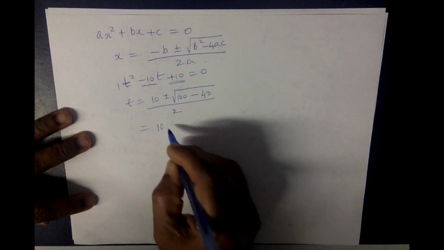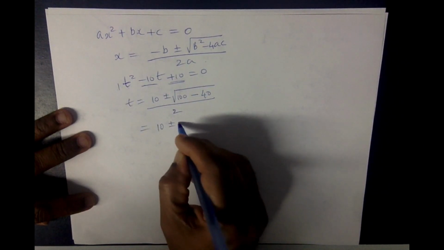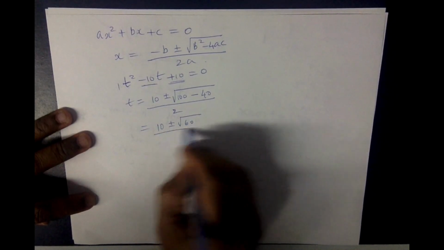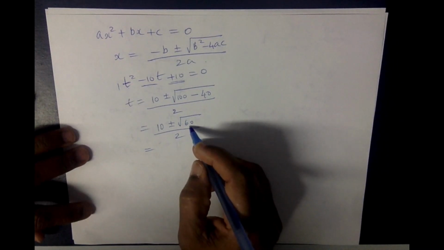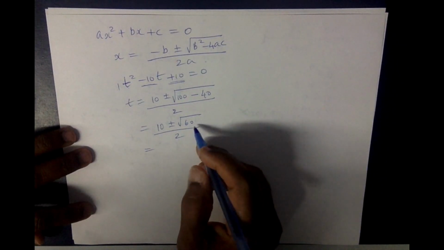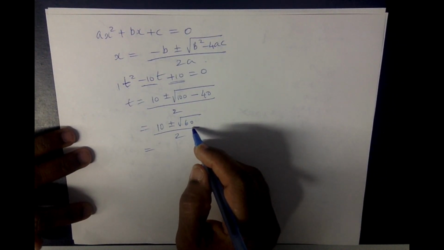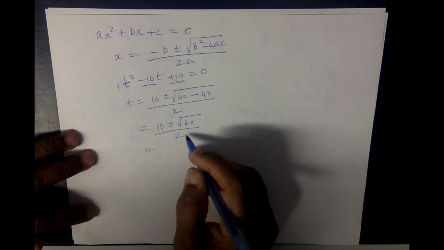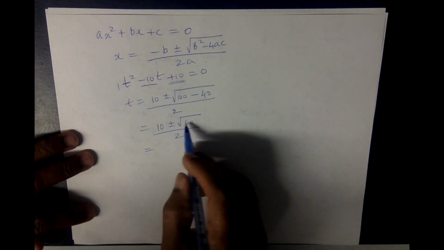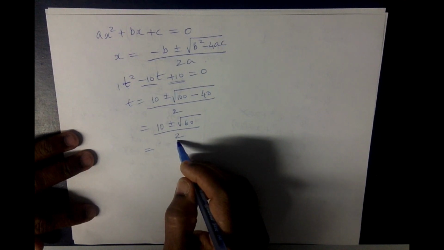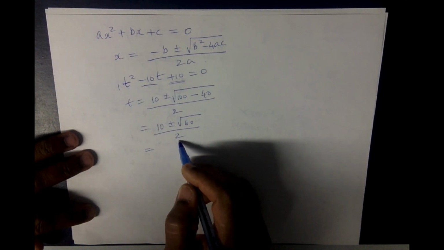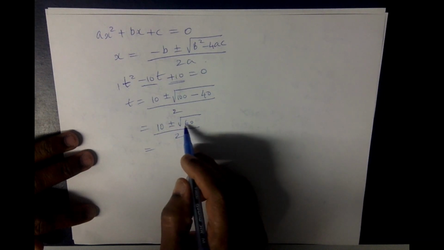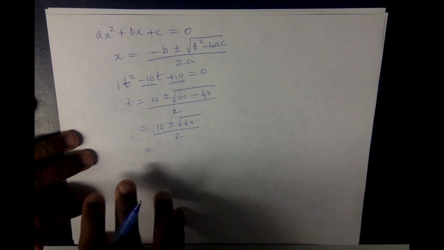Now it's a matter of simplification. 10 plus or minus root of 60 over 2. Root of 60 is 7 point something. So you have 10 plus 7 point something divided by 2, and 10 minus 7 point something divided by 2. So both answers are possible in this case.